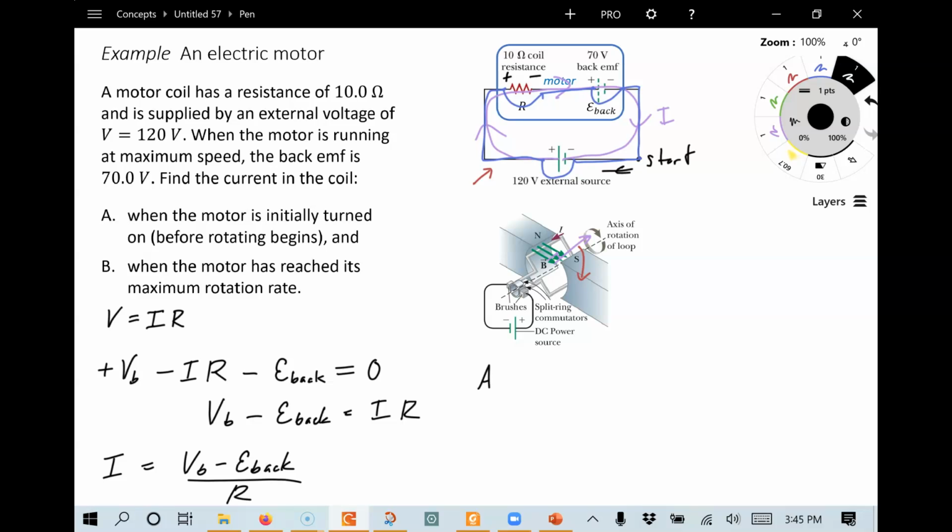So for part A, we've got no rotation when it is initially started up, so we're going to get a bigger current, because no rotation means E back equals 0.